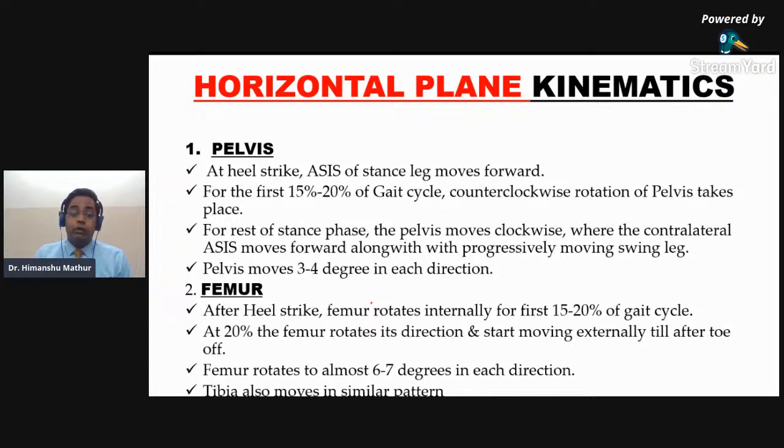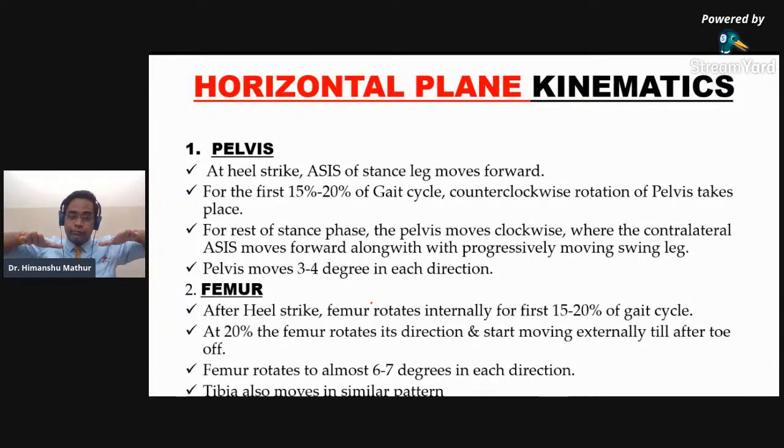Now, talking about the horizontal plane kinematics, I am looking at the whole lower extremity from the superior aspect. Whenever I look at the pelvis, at the heel strike position, the ASIS of the stance leg moves forward.